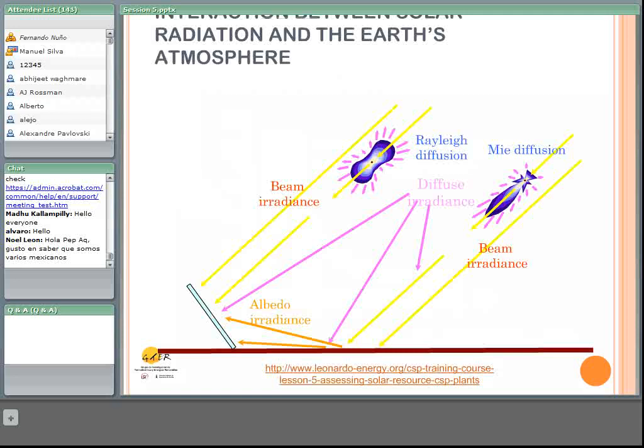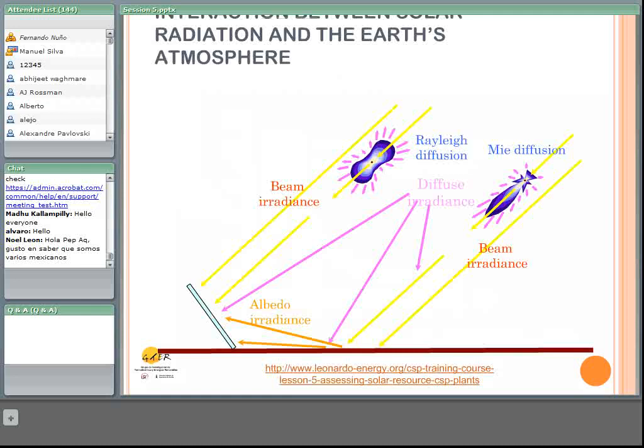We get some beam irradiance, which keeps its directional character, and the diffuse irradiance, which comes to a given point from the whole sky, more or less. Part of the irradiance that reaches the Earth's surface is reflected and can also be reflected to our solar energy system.